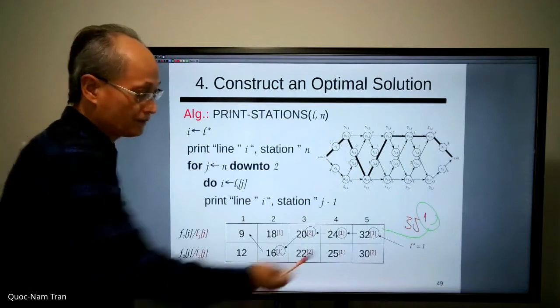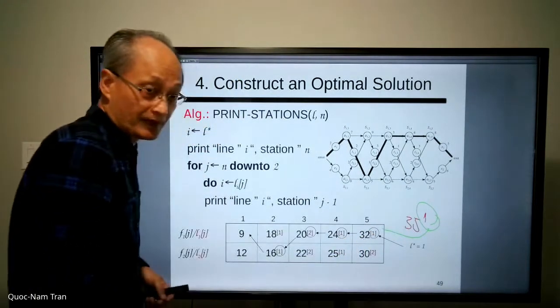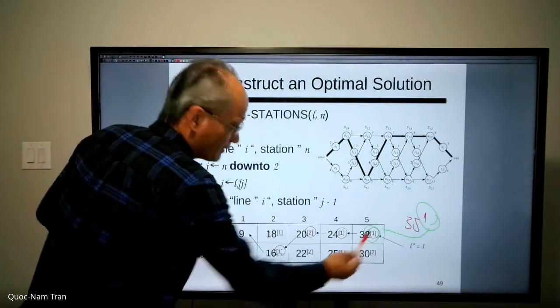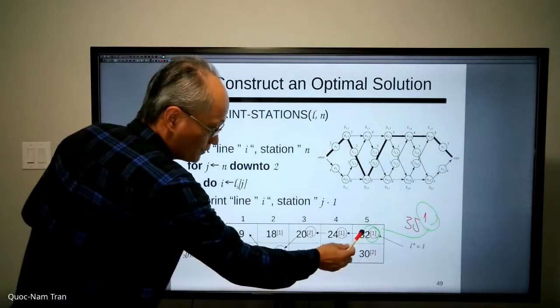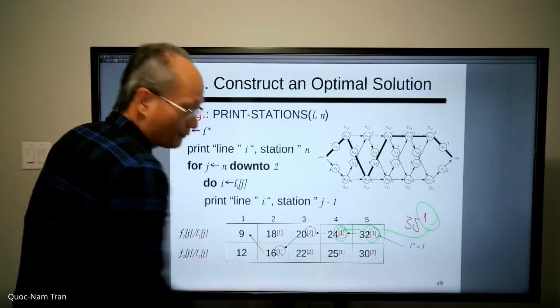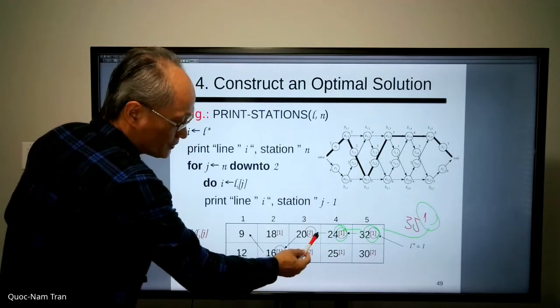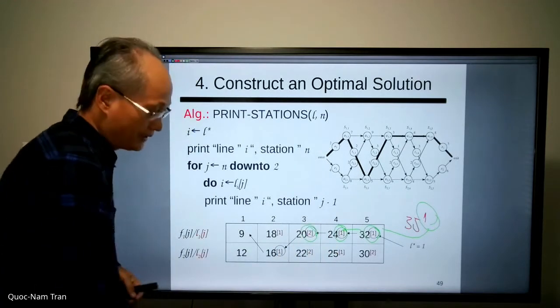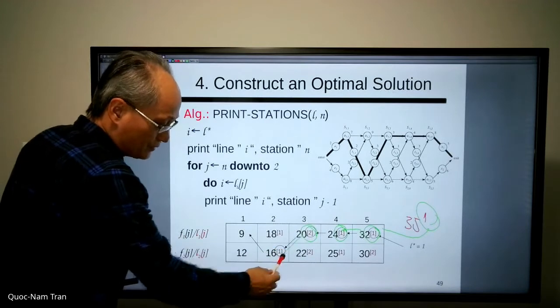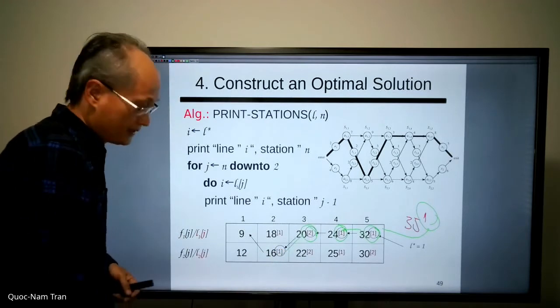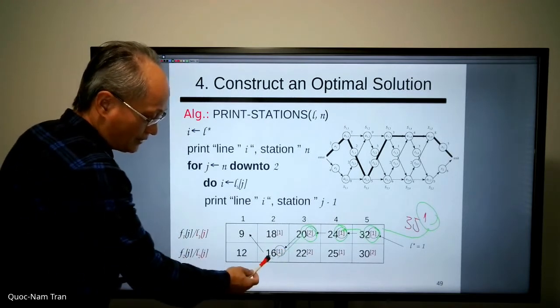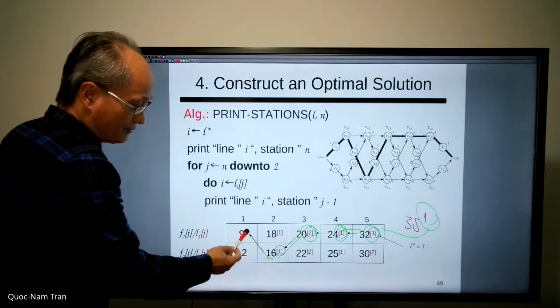cells of line 1, right? And here we have line 1 again. So we go to the next cell of the same line, right? All right. So here we have line 2, meaning that we have to go to this cell, right? And then here we have line 1, so we have to go to this cell.